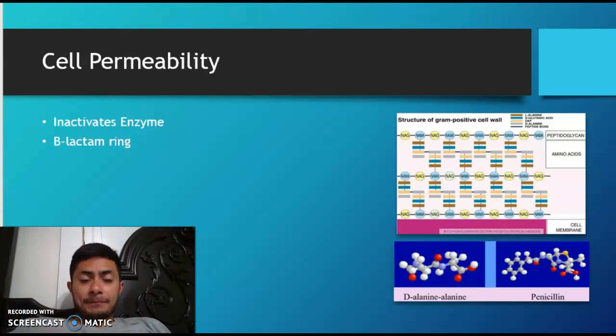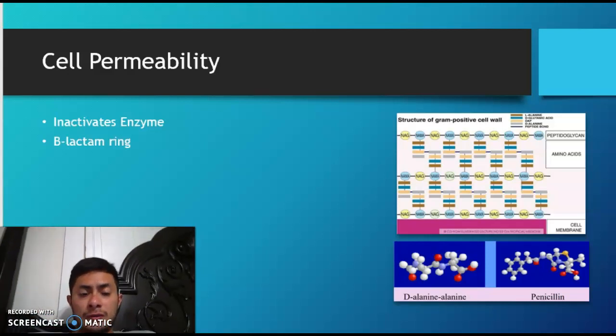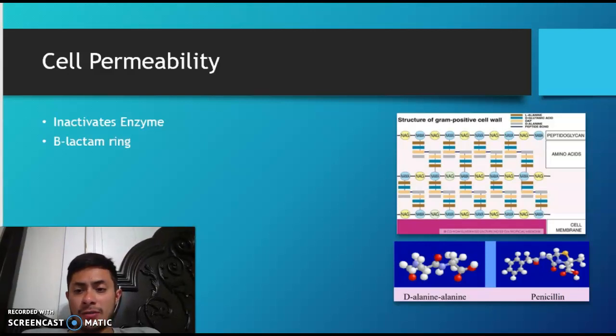So before we compare a little bit, we can look at how it actually works to disrupt that. Penicillin kills the bacteria by inhibiting proteins which cross-link peptidoglycans in the cell wall.